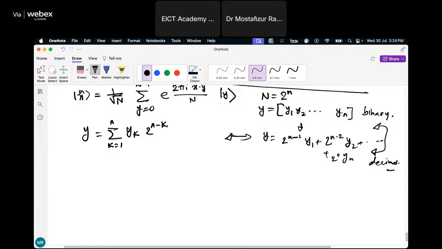And this is the same as the summation of k equals 1 to n of yk times 2 to the power n by 2 to the power k.